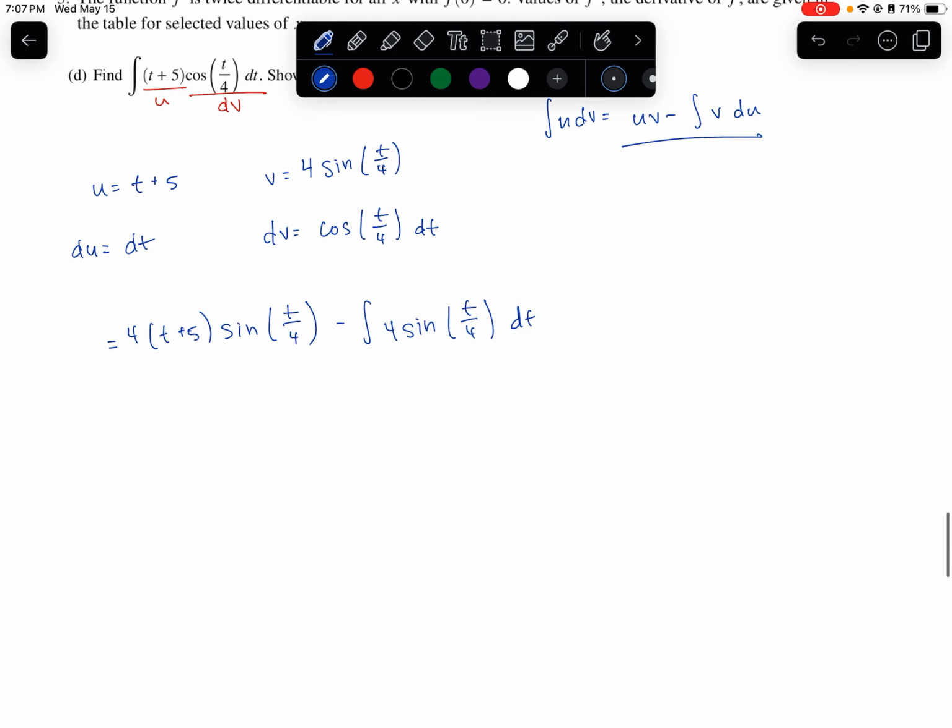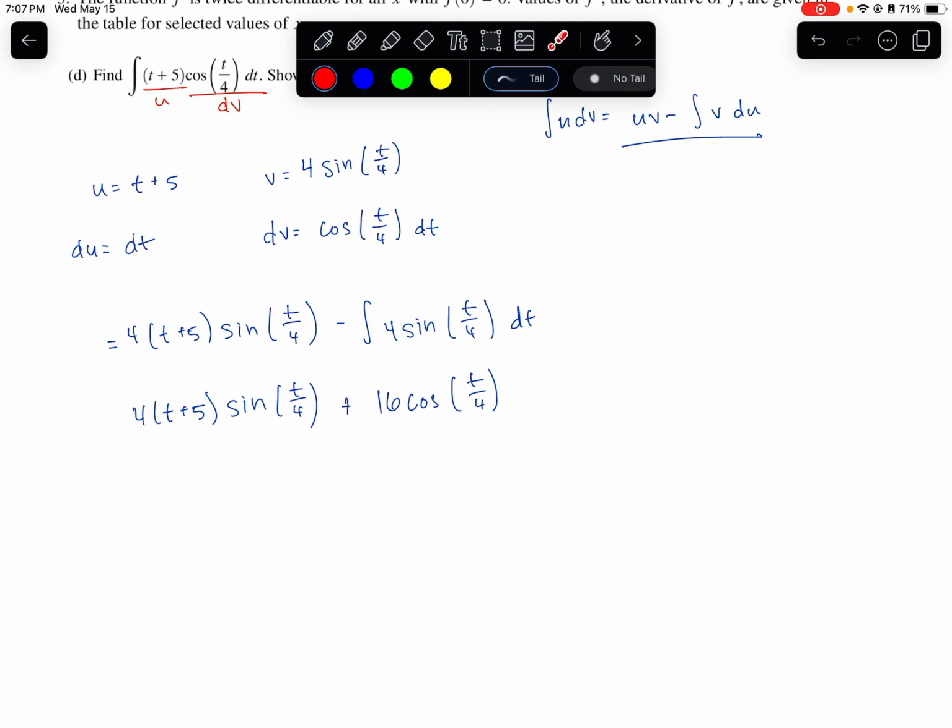And then that's going to be minus, that's going to be plus, because the antiderivative of sine would be negative cosine, and it's already negative outside there, so that would be cosine of t over 4. I would again have to multiply by 4 for the chain rule, so that would be 16. So I have 4 times t plus 5 sine of t divided by 4.